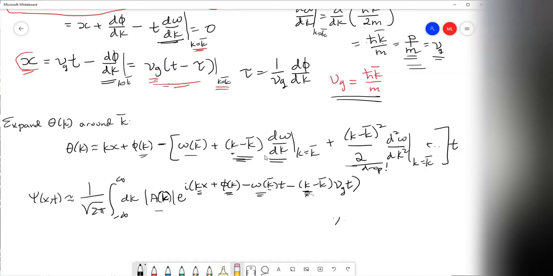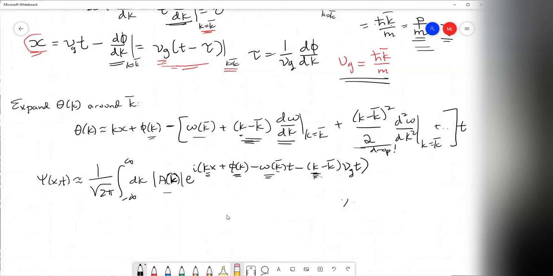I can just keep the first two terms, say, the value of omega at k bar, and then the first term in the Taylor series around k bar. And I'm saying, well, stationary phase, probably this part won't matter. I'll just not include it.